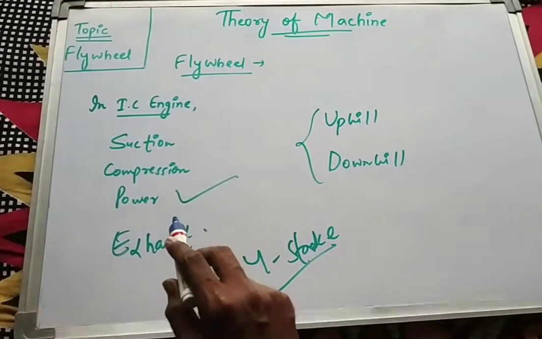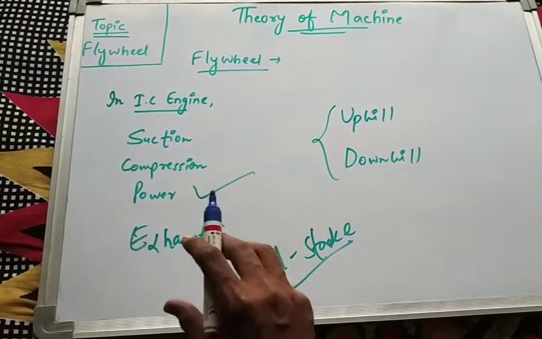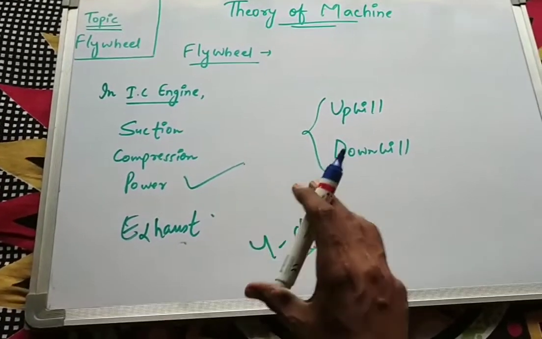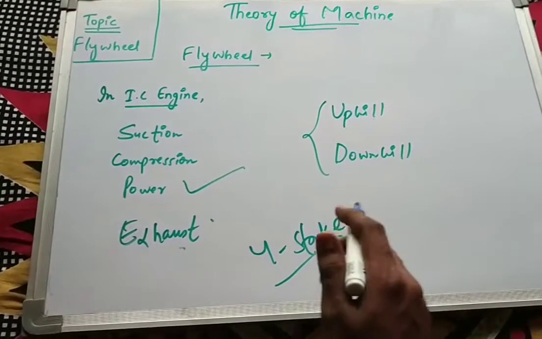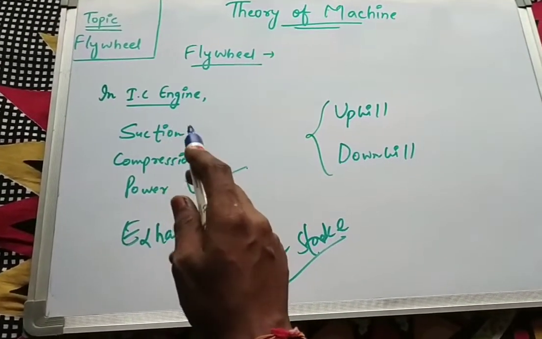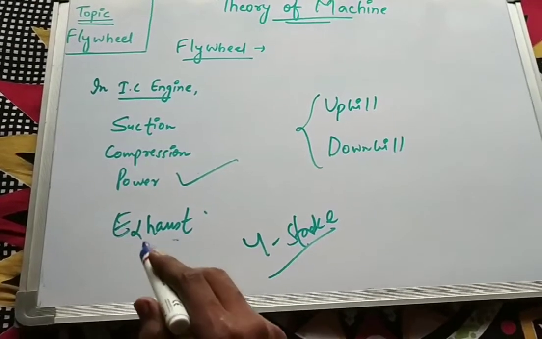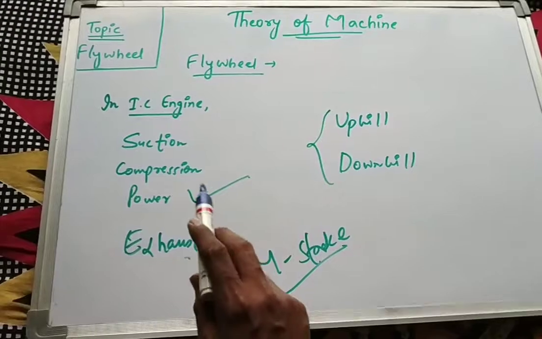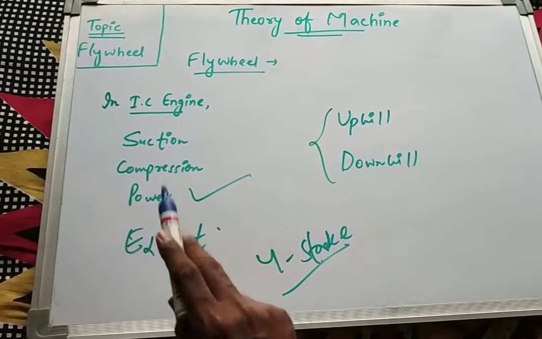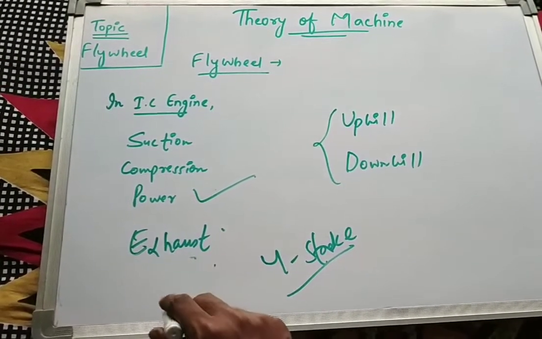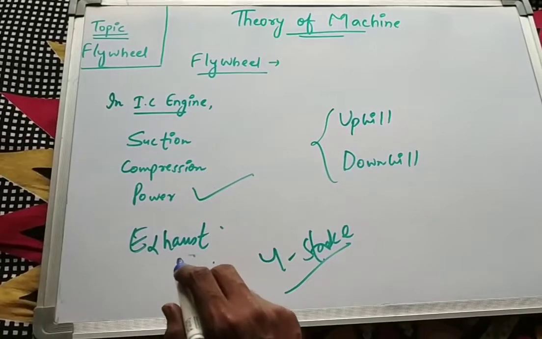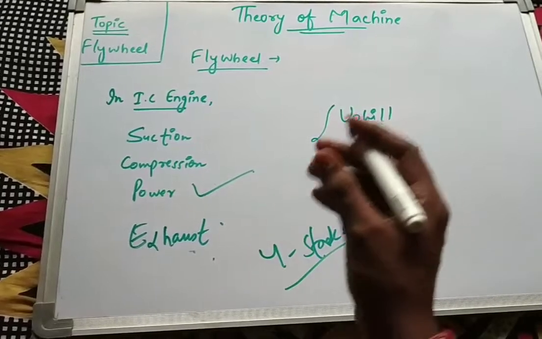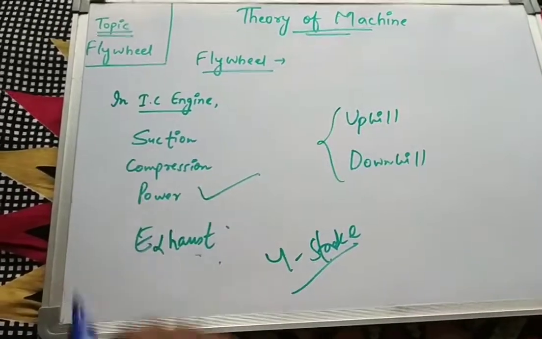How? Whatever amount of power is developed during the power stroke is stored in the flywheel, and during the other strokes, that is suction, compression and exhaust, as no power is being developed during these three strokes, the power developed during the power stroke is stored in the flywheel and delivered during the other three strokes in the amount as per the requirements.